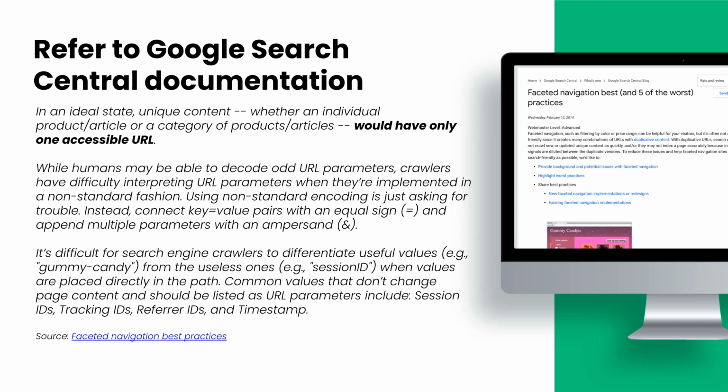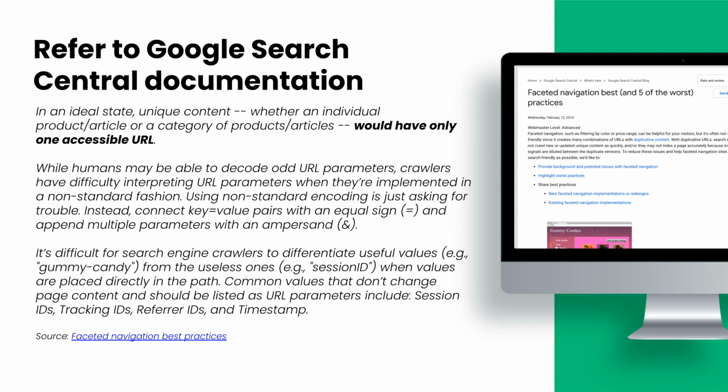So while humans may be able to decode odd URL parameters, crawlers have difficulty interpreting them when they're implemented in a non-standard fashion. And when you're using non-standard encoding, this can confuse them. It is difficult for search engine crawlers to differentiate useful values from the useless ones. For example, gummy-candy and session ID, it doesn't really understand what the difference is.